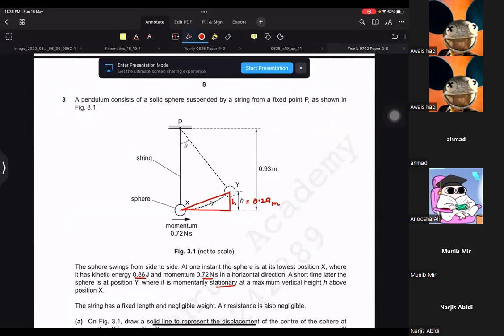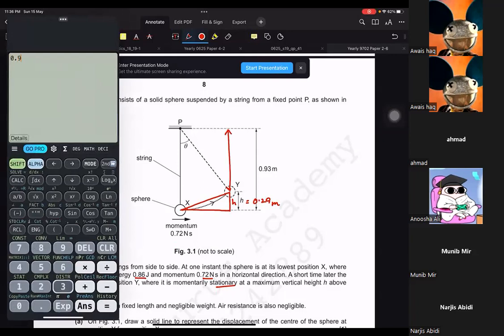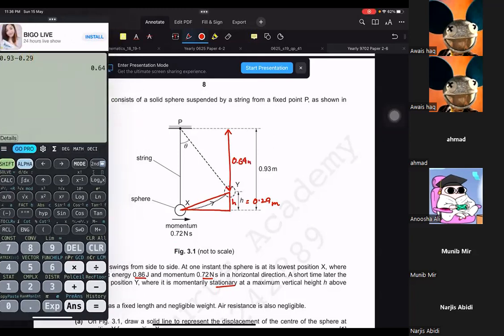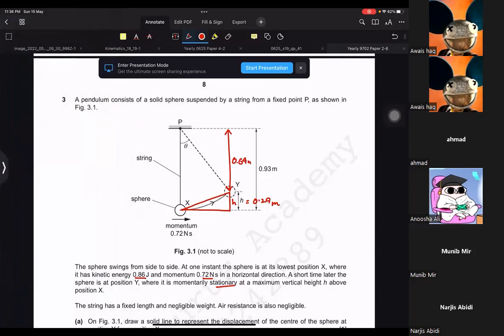If I could find this distance, I could do something about it. We'll do 0.93 minus 0.29, which is 0.64 meters. So this is 0.64 meters. How does it help me?